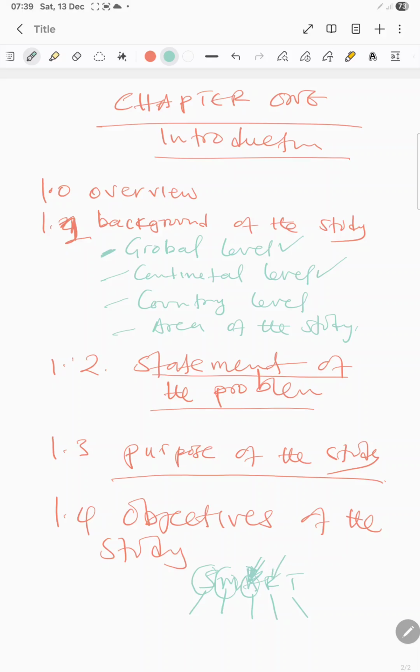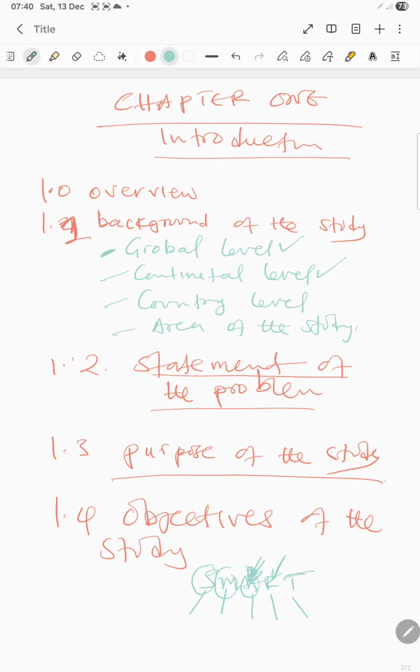Relevant: they're supposed to be important. Don't just pick something which is not important. Then time bound: they're supposed to be bounded by time. So you cannot pick something that you know can take you maybe 3 years to finish. Just pick something which is within your means so that you can easily finish it. So that is what we call the objectives.